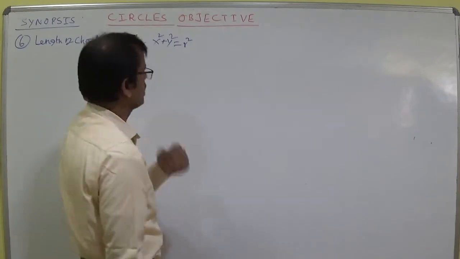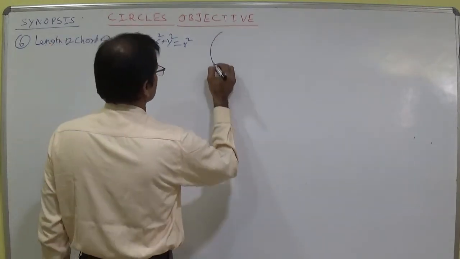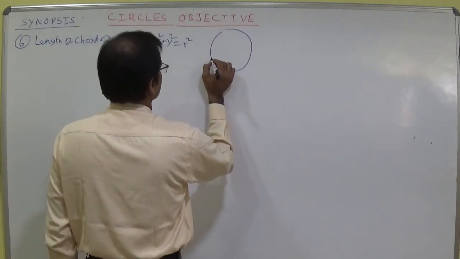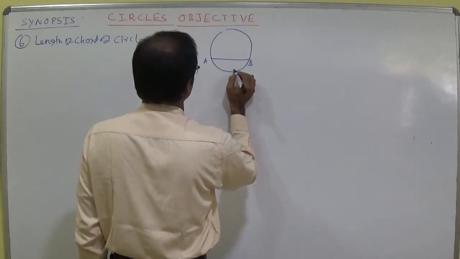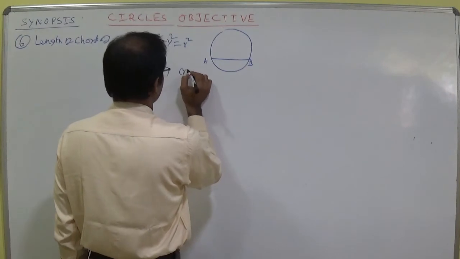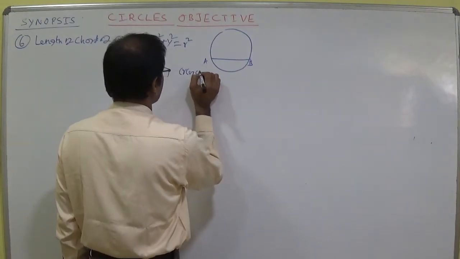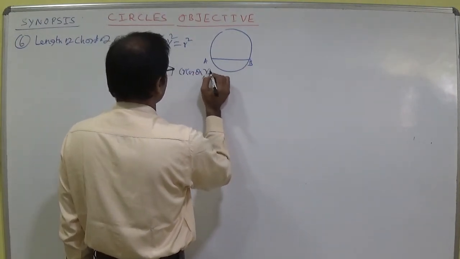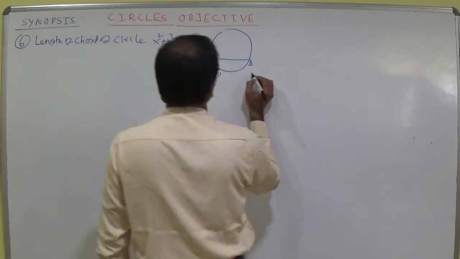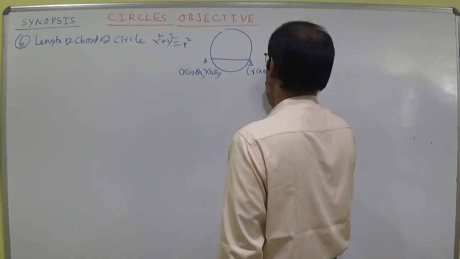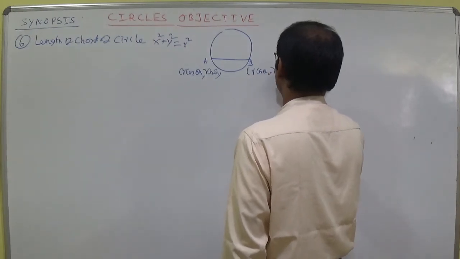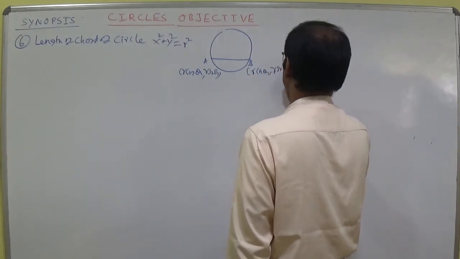Of course, for a larger circle you can use the same concept. Put A here and B here. So A is r cos theta 1 comma r sin theta 1. Here B, a parametric point, is r cos theta 2 comma r sin theta 2.